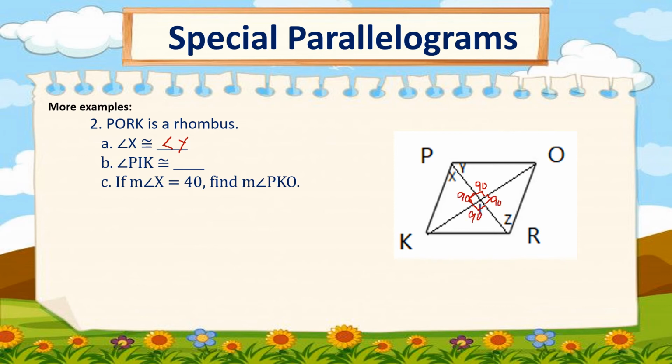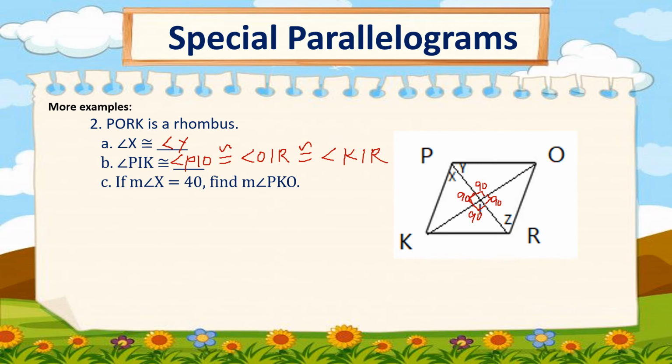Therefore, we can say that angle PIK is congruent to angle PIO and is also congruent to angle OIR and is also congruent to angle KIR.